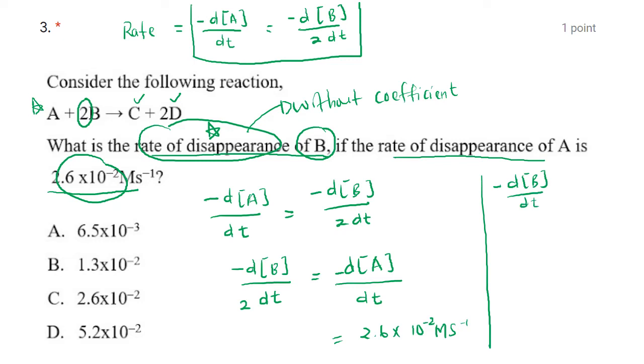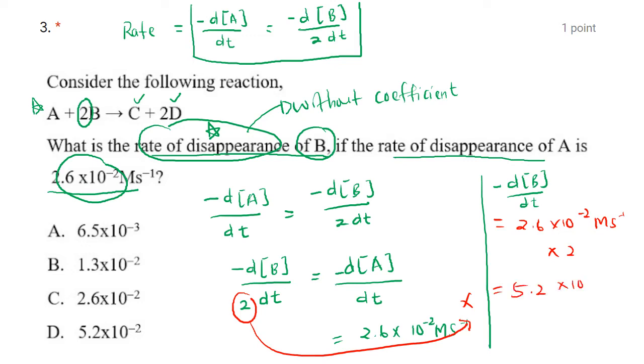So from here the 2 moves to this side and will become multiply. So it will equal 2.6 exponent negative 2 molar per second times 2, which will equal 5.2 exponent negative 2 molar per second. So the answer is D.